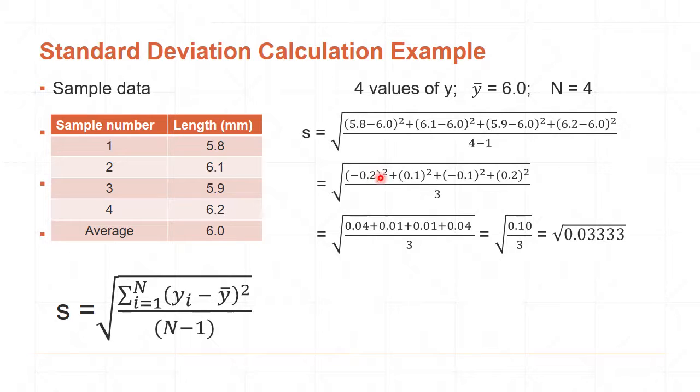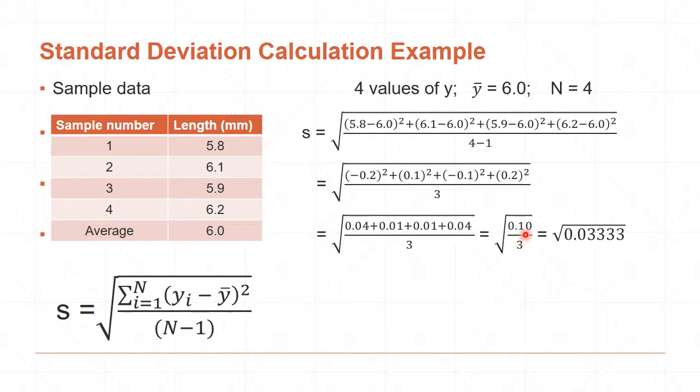Now let's square each of these values. Minus 0.2 squared is 0.04. 0.1 squared is 0.01. Minus 0.1 squared is also plus 0.01. 0.2 squared is 0.04. When I add these together, I get 0.10 and divide by 3. 4 minus 1 is 3.